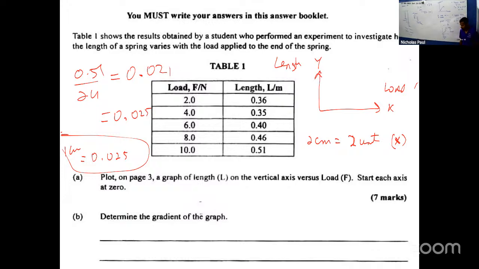You've got the graph, right? Determine the gradient. Find the gradient. Equal 4.7. 4.605.